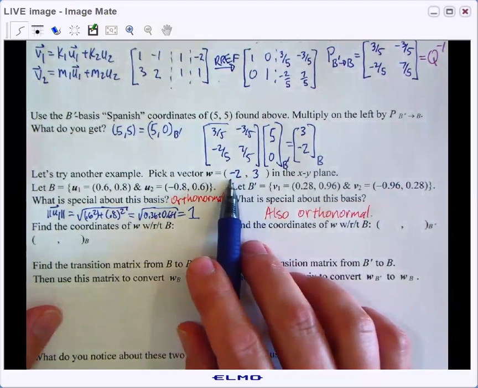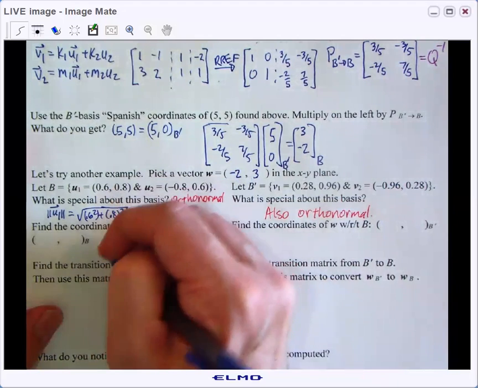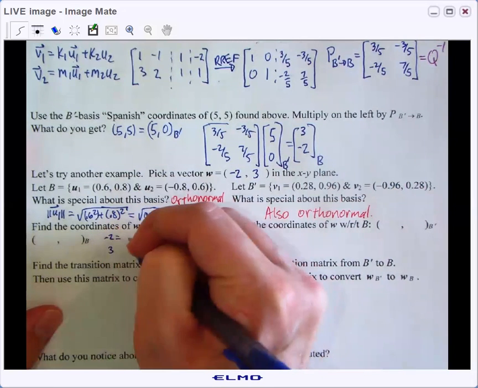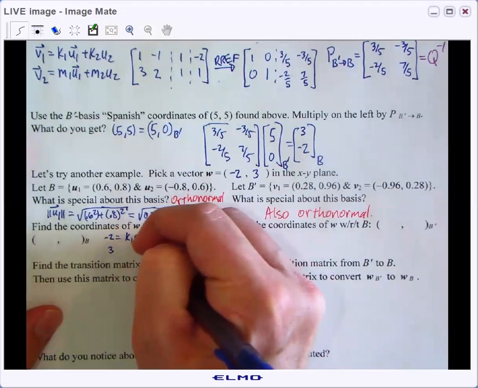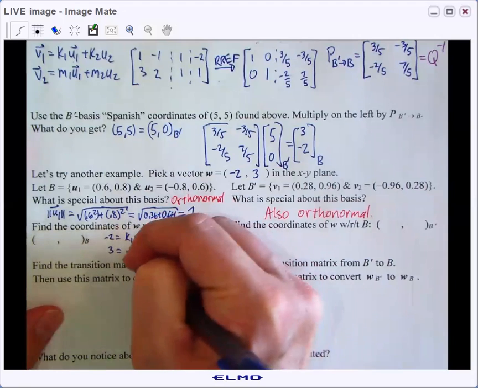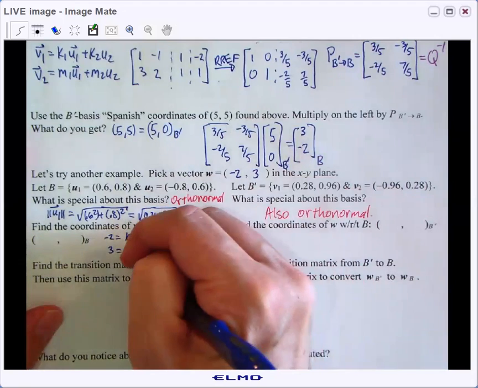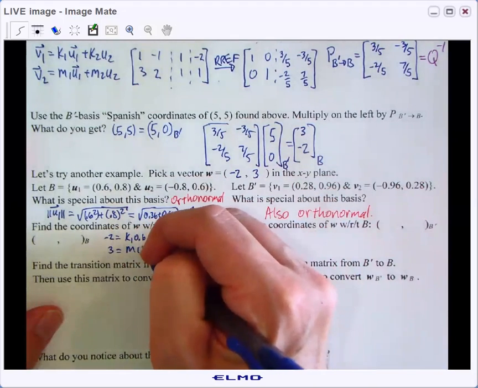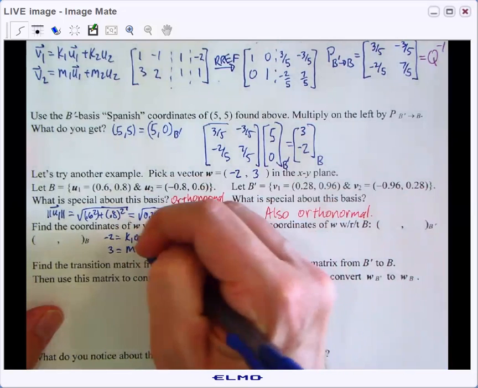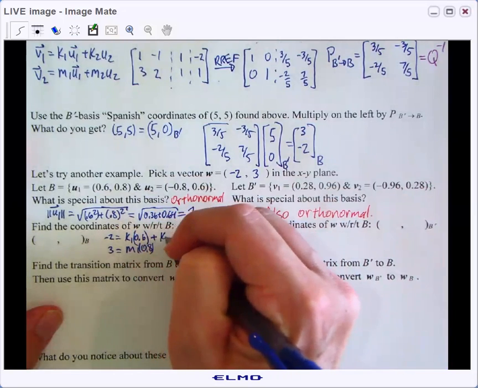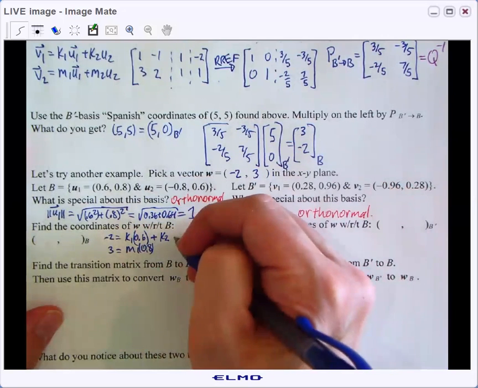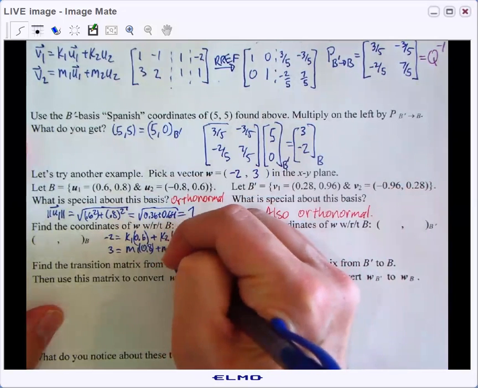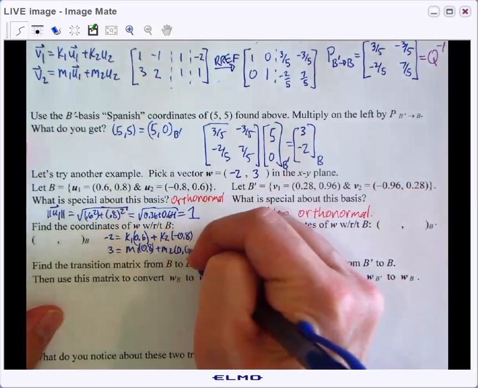So if I take -2, 3 and write it as a linear combination of these, -2, 3 is some constant K1 multiple of 0.6, 0.8, plus K2 times -0.8, 0.6.